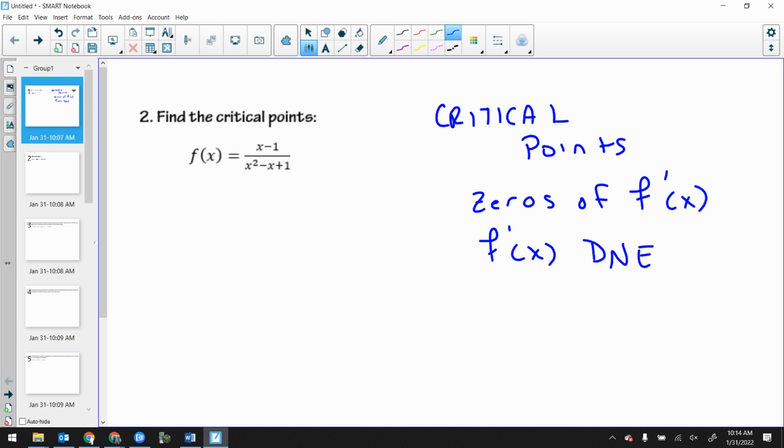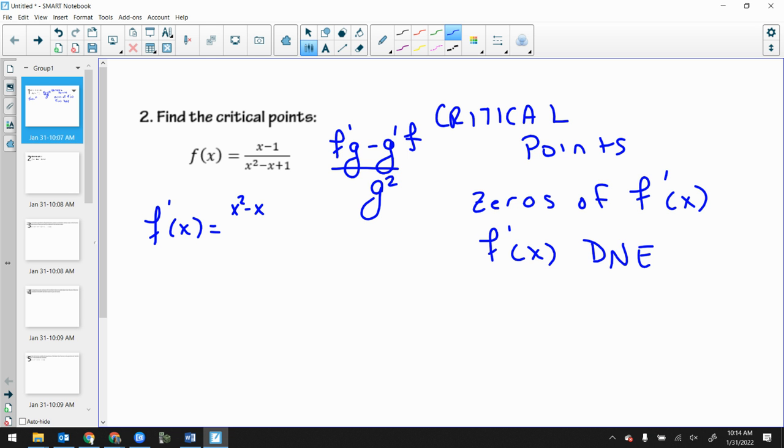So let's find our critical points by first off taking f prime of x. Oh, this is a quotient. I got to use quotient rule. F prime g minus g prime f, all over g squared. So f prime, derivative of x minus 1, is just 1.